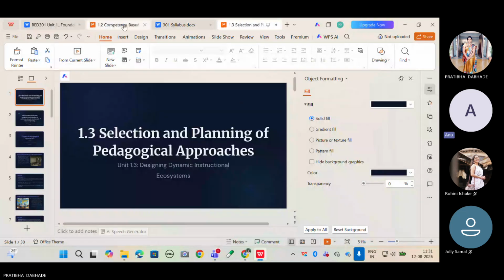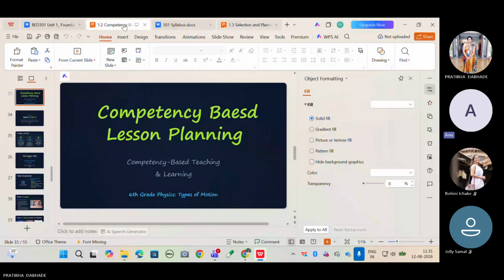The first phase is engage, phase two is explore, phase three is explain, phase four is elaborate, and phase five is evaluate. Okay, my question is about the three pillars: target competency, experiential and formative checks. Yes, very good. So these are the three pillars of competency-based lesson planning.